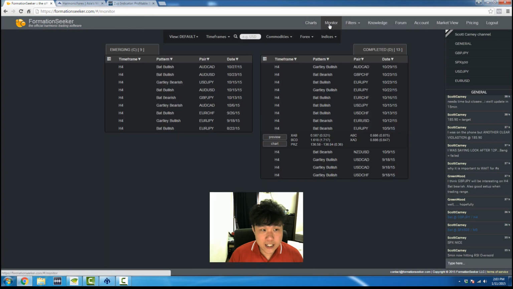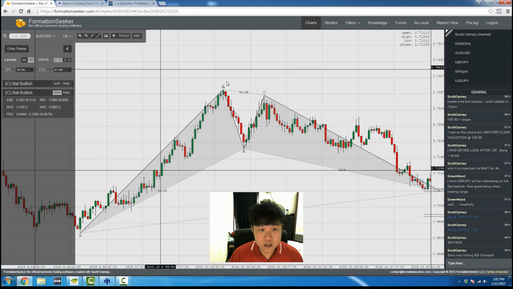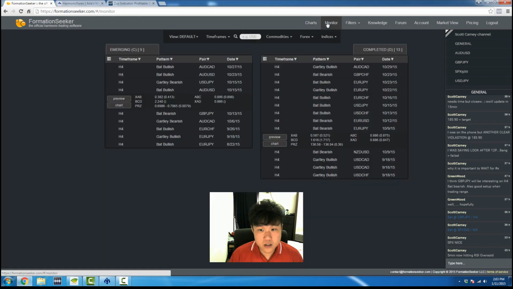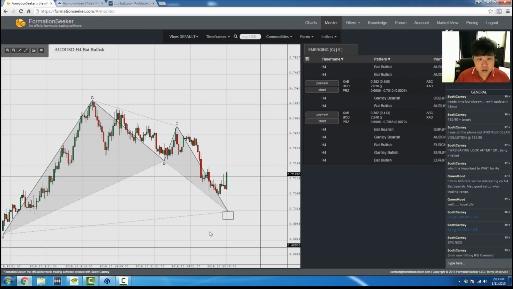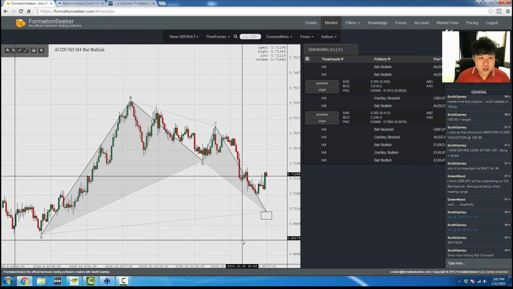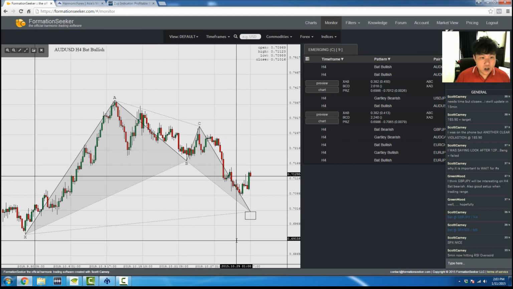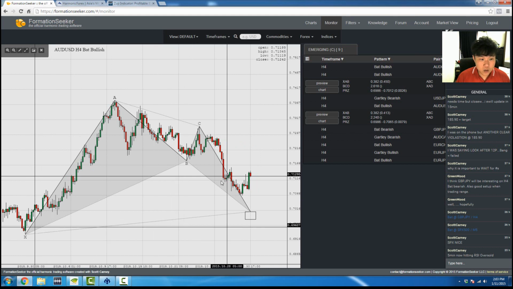Okay, last setup of the day that I'm gonna cover is on the Aussie dollar. Okay, it's not this. Okay, so this is the Aussie dollar that currently we are looking at.